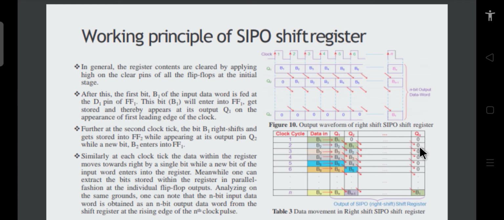Similarly, for the Qn flip-flop, it moves on the nth clock pulse; the same bit will come on the nth output. If you are using 4 flip-flops, then on the fourth positive edge, Q4 will get the value B1. This is how you can understand it. The same thing is written here as well.